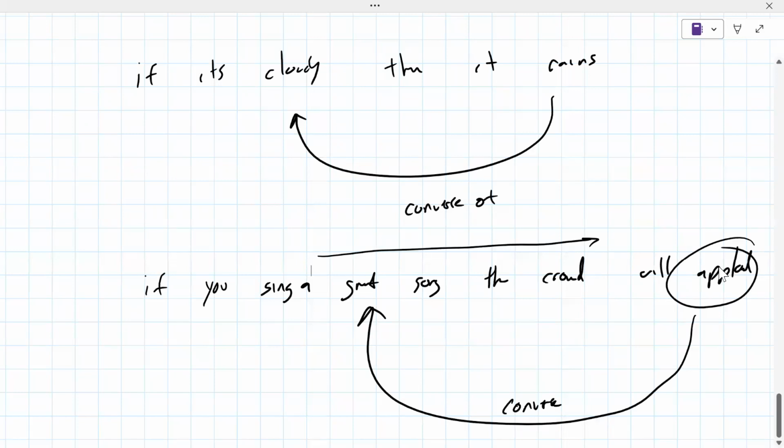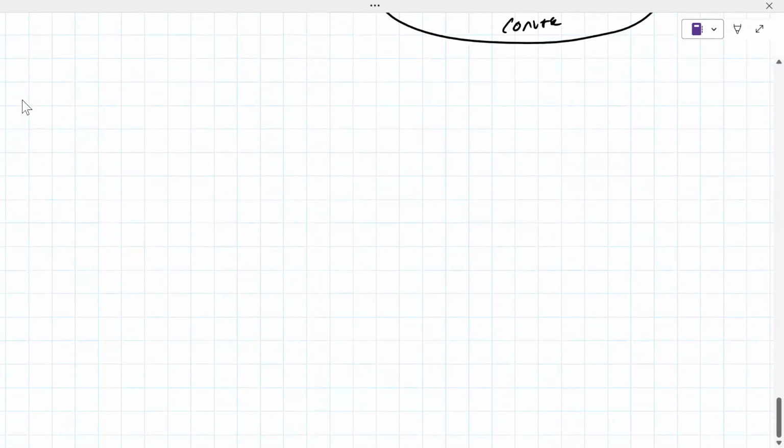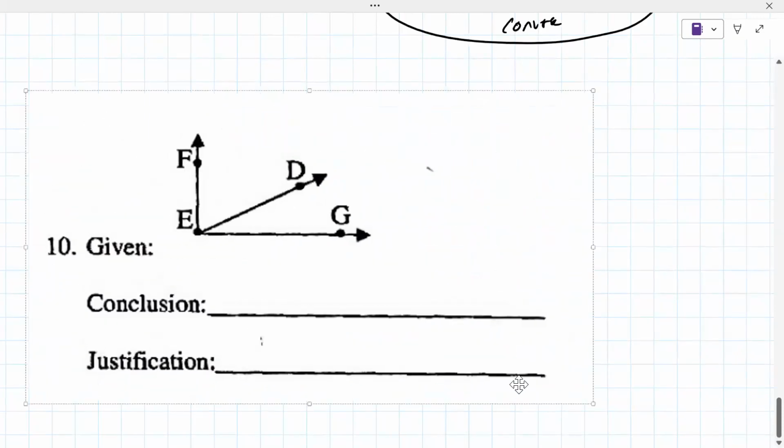But if I only know that people are applauding, then to know that you sang a great song, it's the converse. So could it be similar to cause and effect? Yes, exactly. Now, these aren't the pure math definitions, so your teacher may not like it, but for learning, I think it's very good what we're doing here.